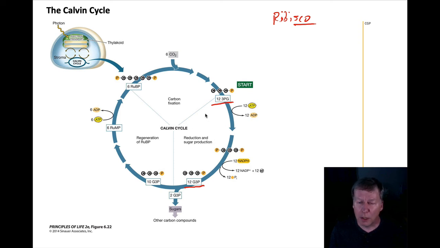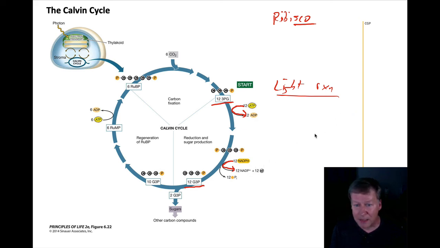Well, we're going to provide energy in 2 forms. The first part of the energy is going to be ATP. 12 ATP that came from the light reaction are going to be used. They become ADP. And as a result, we're going to start changing the 3PG molecules. The second thing that's going to happen is the NADPH, which also came from the light reaction. We're going to use those. The NADPH is going to be oxidized. It's now NADP+.